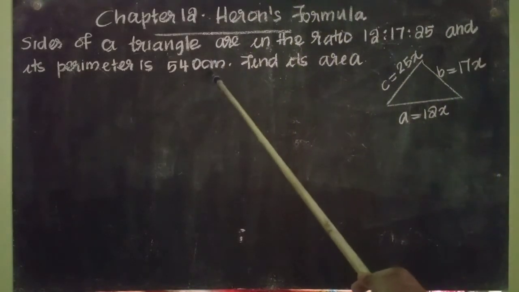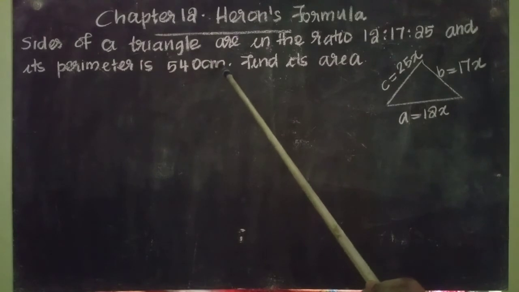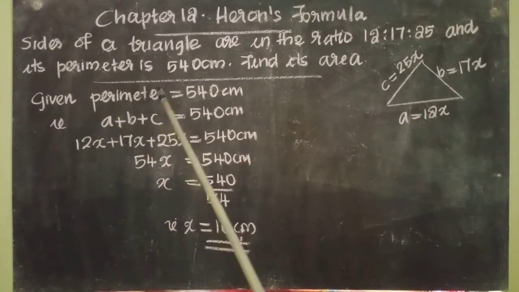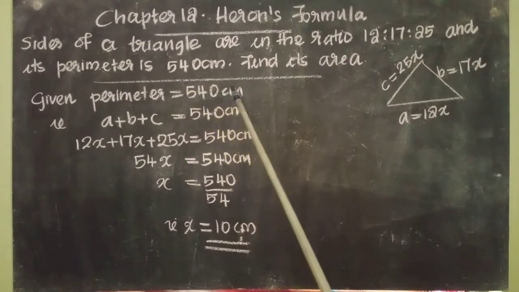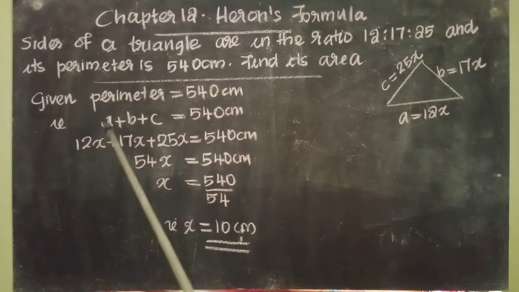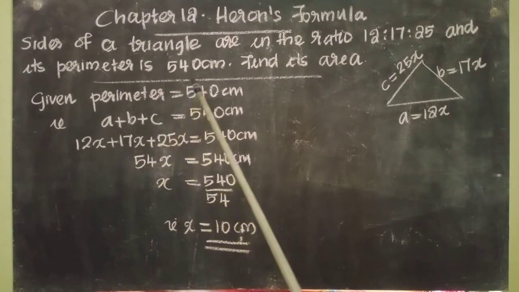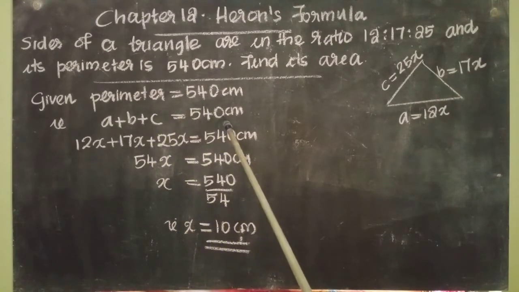Given perimeter equal to 540 centimeter. That is a plus b plus c equal to 540 centimeter.